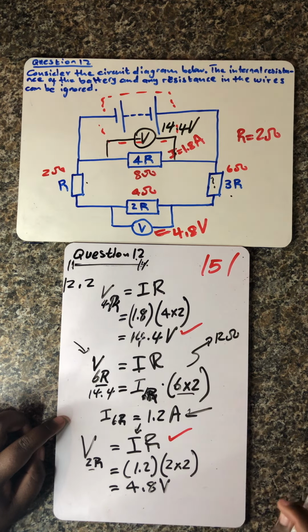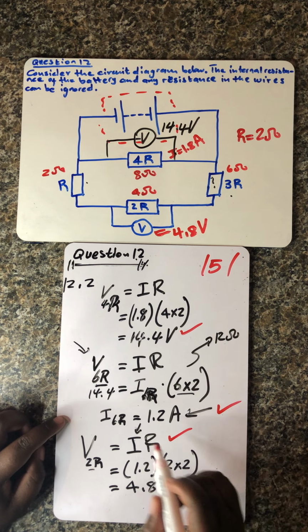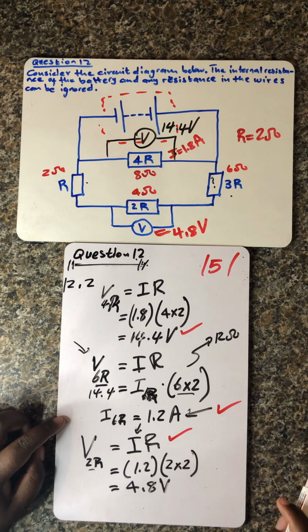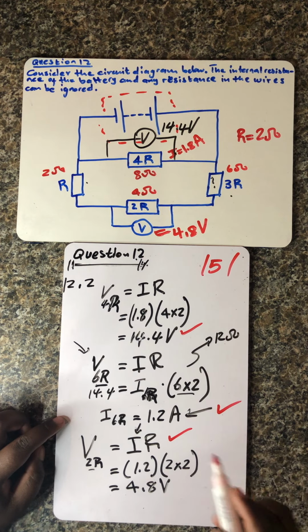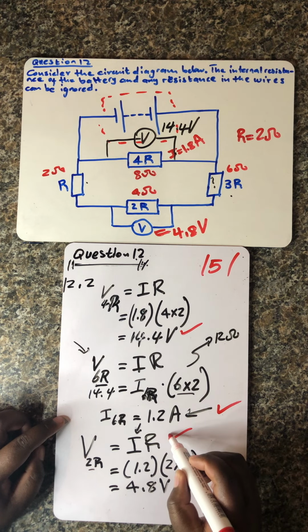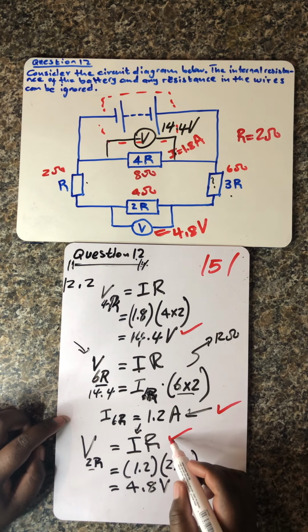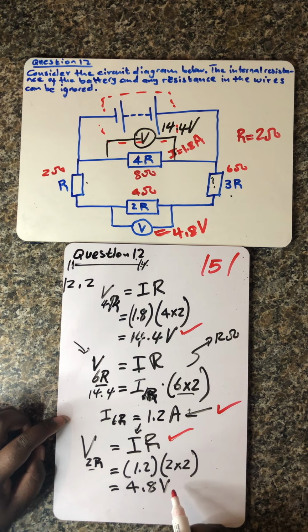They will give you a mark for that, and again they will give you a mark for calculating that current flowing through that side, and again they will give you a mark for the correct formula. So it's either they give you a mark here or there. If they give you a mark there, they won't give you a mark again here. So it's just for you choosing the right formula.